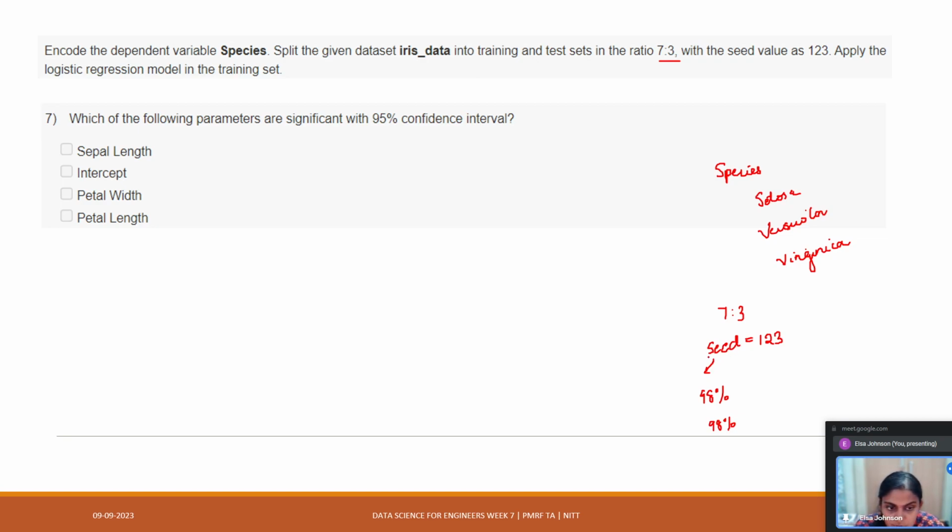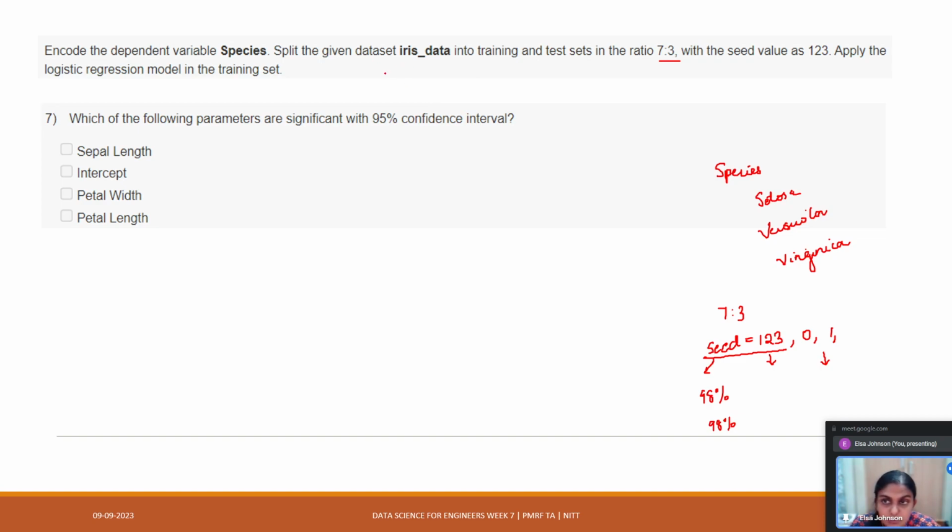If you give this particular seed number, you will get a result for that value. If it is any other number, like 0, 1 or any other value, you will get a different set of readings. If you set a particular seed number, then every time you run the code the same results will come. So these are the steps that we have to do.